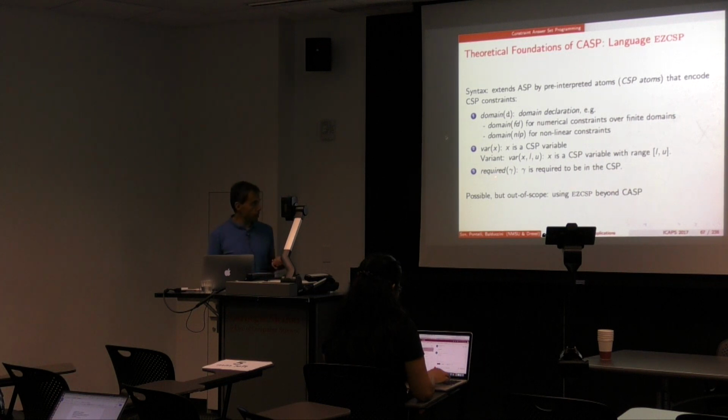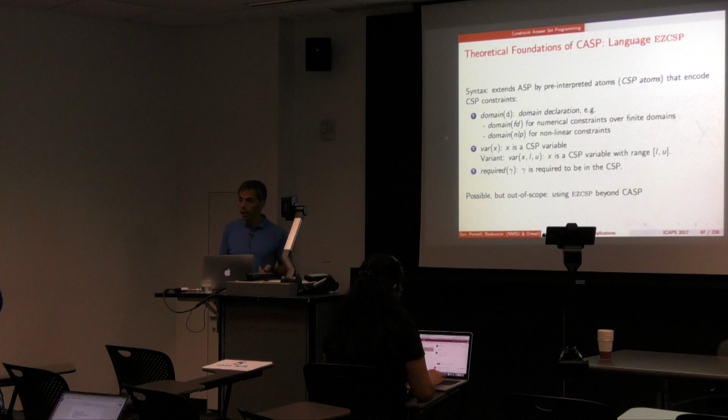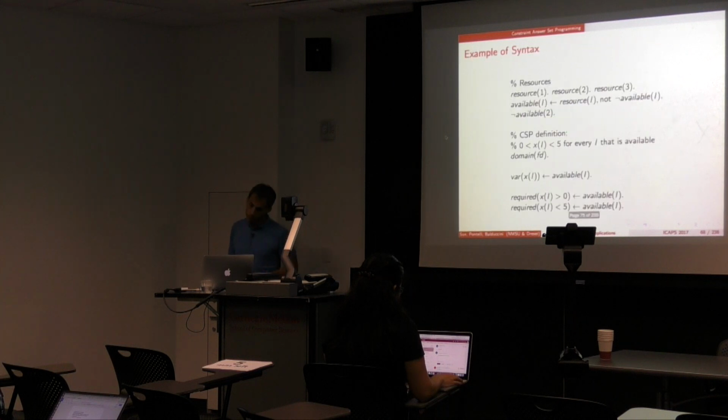So essentially, this says constraint gamma is required to be part of the CSP that we're defining. It is in fact possible to use this kind of specification to go even beyond constraint ASP and do even more interesting things, but that's definitely out of the scope of this tutorial. So we'll stick with CASP and constraint satisfaction.